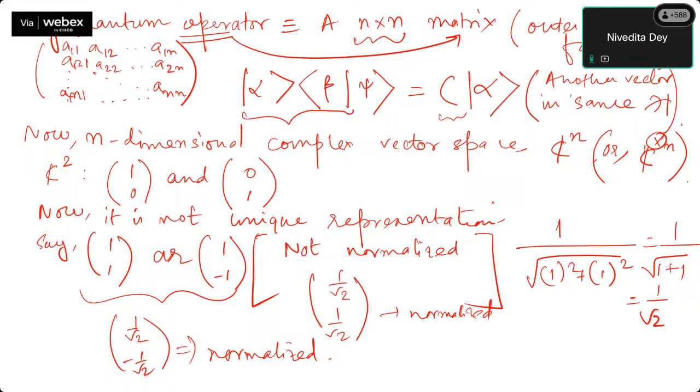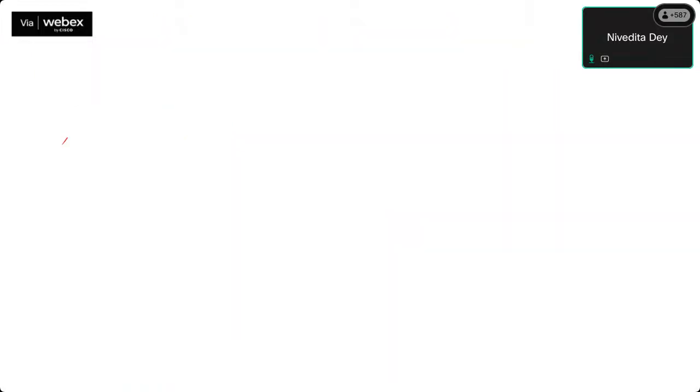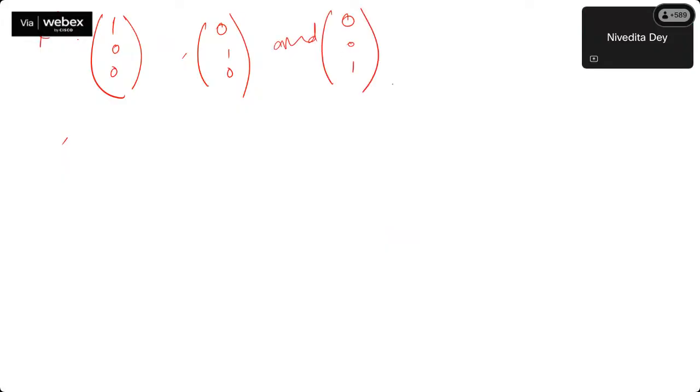If we take the normalized version in C3, then it will be 1 0 0, 0 1 0 and 0 0 1.